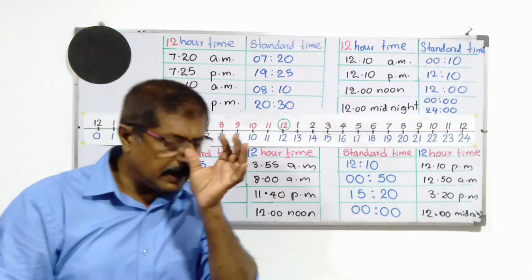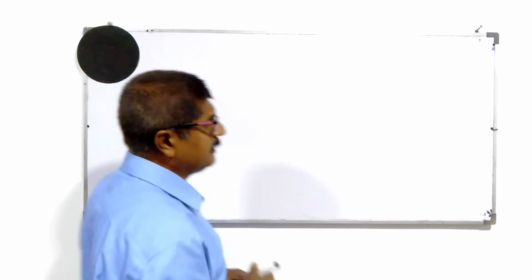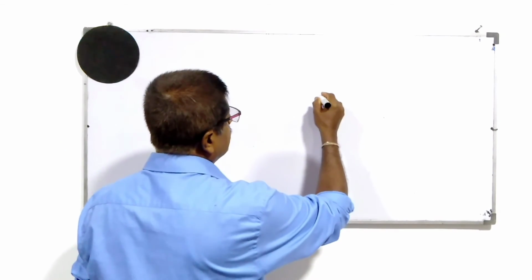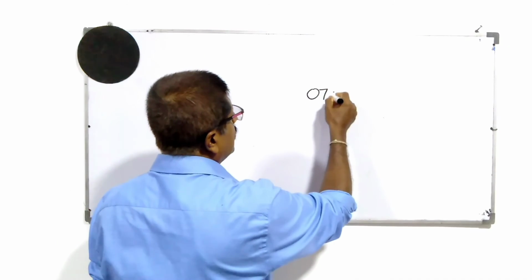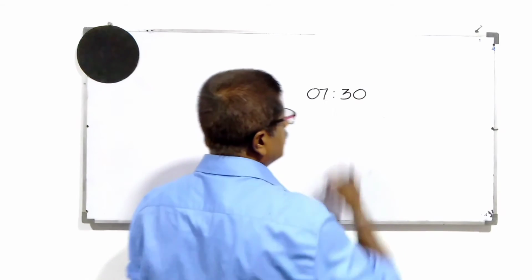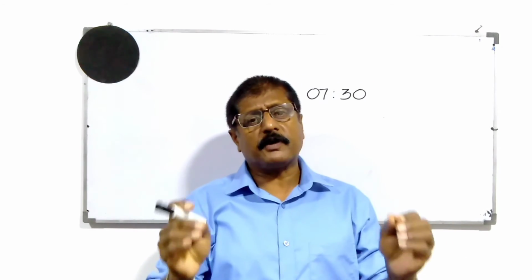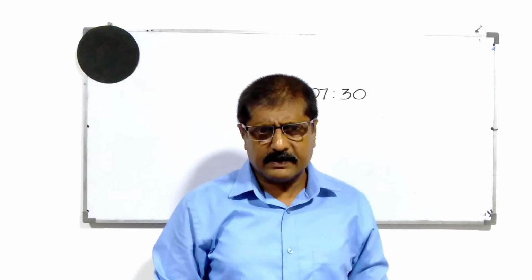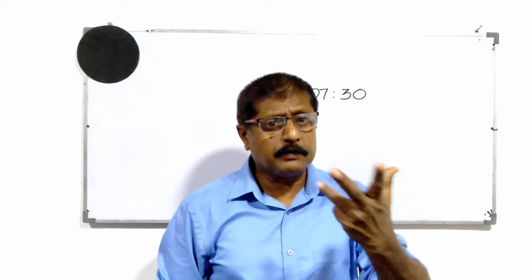Right. Now we are going to step into the next thing. In the standard time, you write like this. In the morning, the school begins at 7:30. But if you want to mention the number of seconds, at times we need. Regarding a race or something like that, we need the number of seconds.